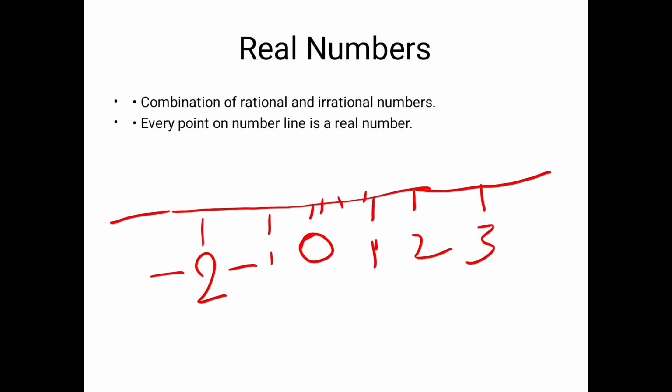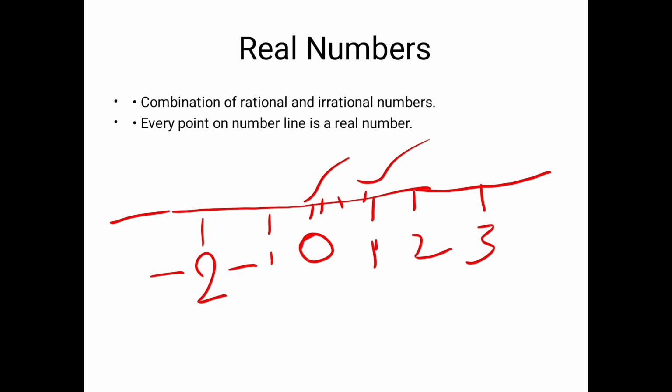For example, 0.5, that is 1 by 2, comes between 0 and 1, right? Is 1 by 2 the only number that comes between 1 and 2? No, there are infinitely many rational numbers between any two rational numbers.